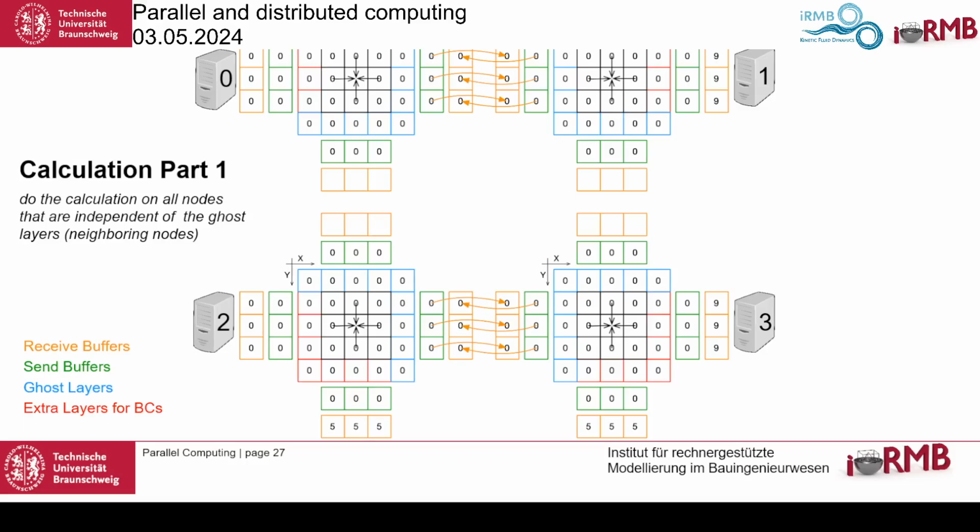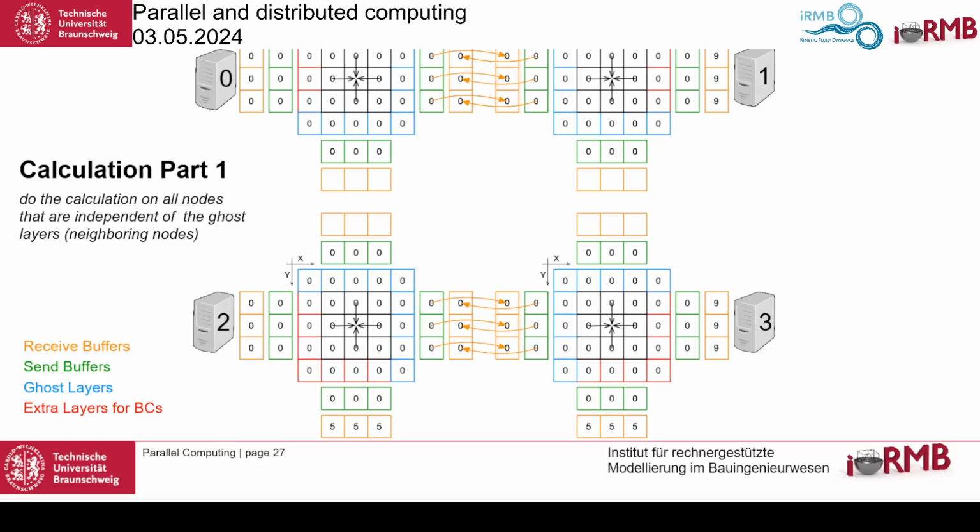We want to use our big machine well, and we don't have too much time to waste. If we want to be fast, we do not want to waste all our time waiting. So now what can we do? We can do something that's called communication hiding.